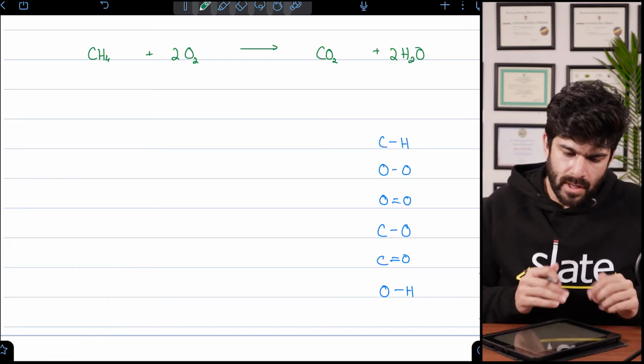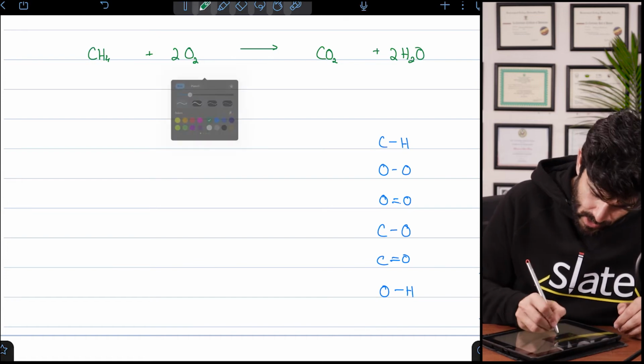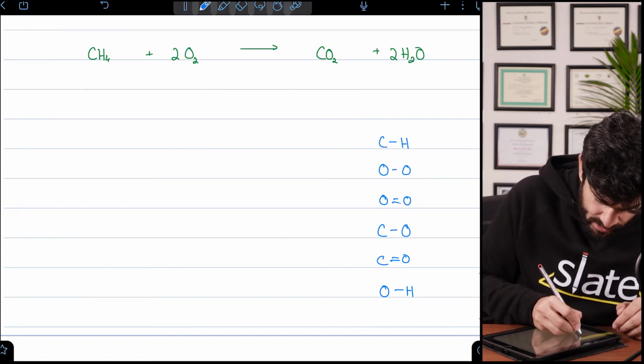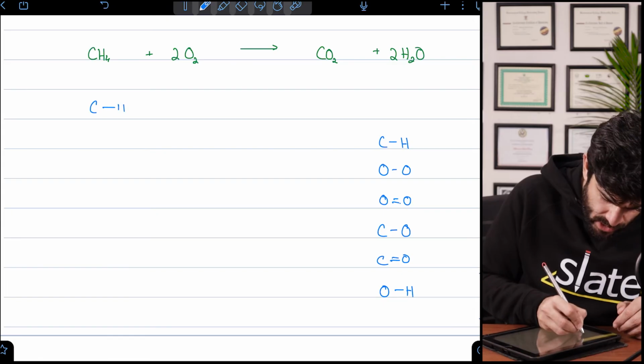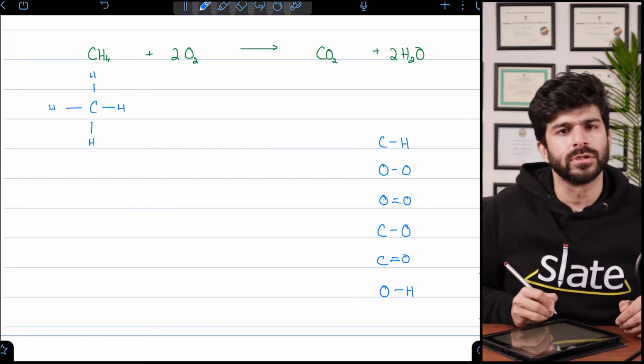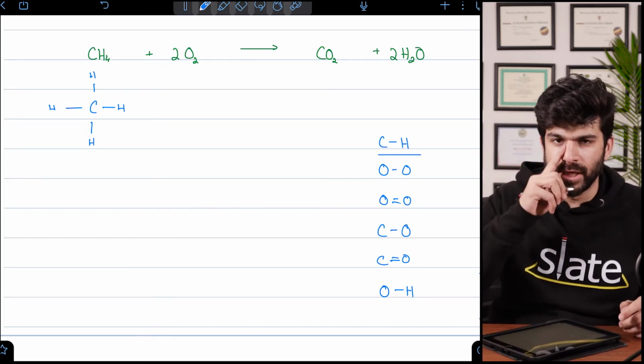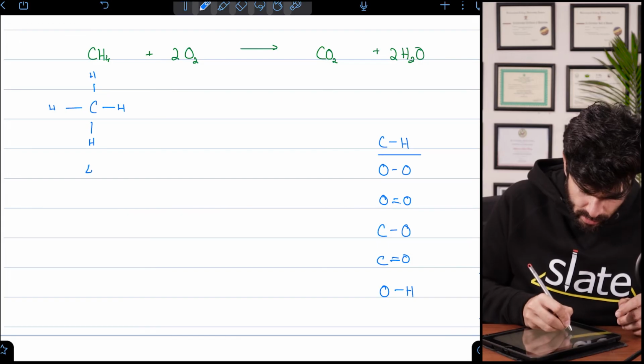So in this case, there are no structures. But we know from chemical bonding how a methane structure looks. Carbon makes 4 single bonds with hydrogens. So we'll use this bond energy times 4.